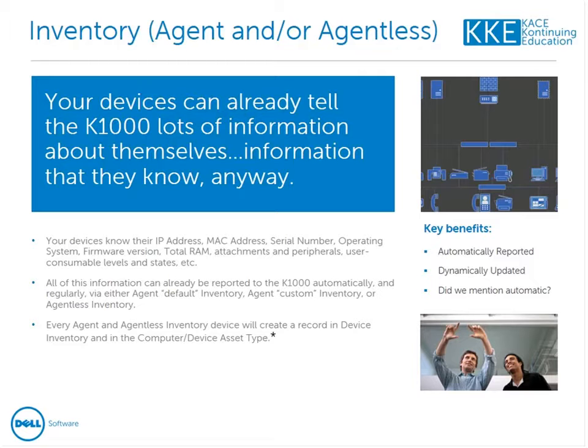And when we add agent or agentless to a device, we're going to automatically create a basic shell of an asset under the device asset type, what used to be called computer asset type in our older versions of the appliances. So now it's called device, which is more inclusive of all different things. So just remember, inventory is a dynamic pull of information.